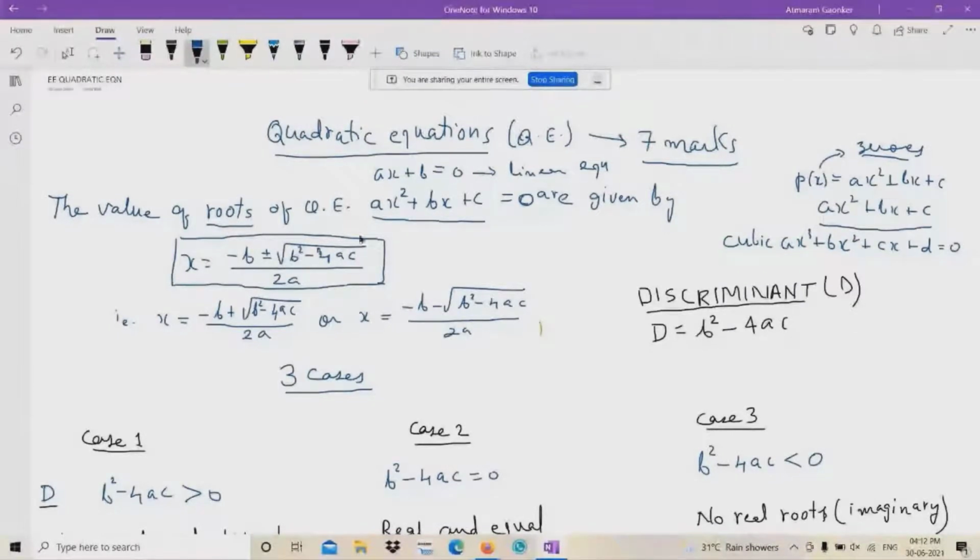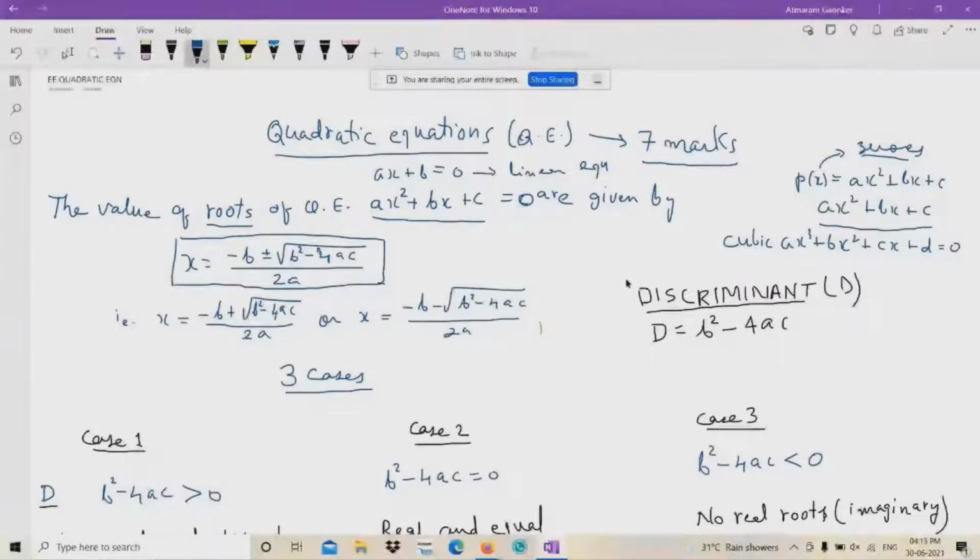When you are asked to find the roots of the equation, you have to use this formula. Here there is plus or minus, so once we will take plus, another time we will take minus. So x is equal to minus b plus square root of b square minus 4ac divided by 2a, or x is equal to minus b minus square root of b square minus 4ac divided by 2a.